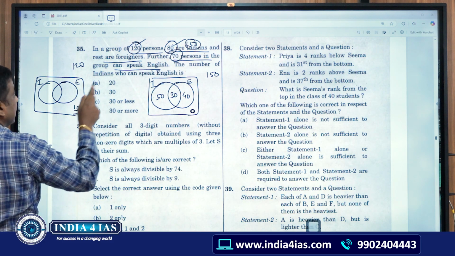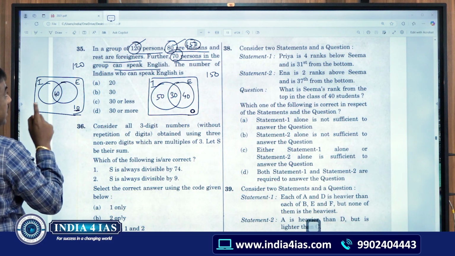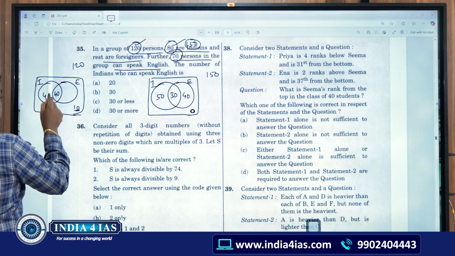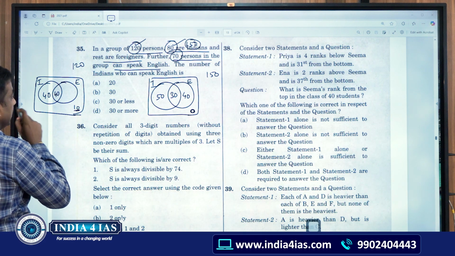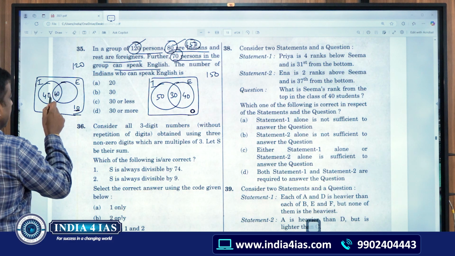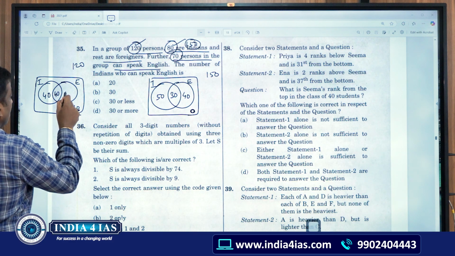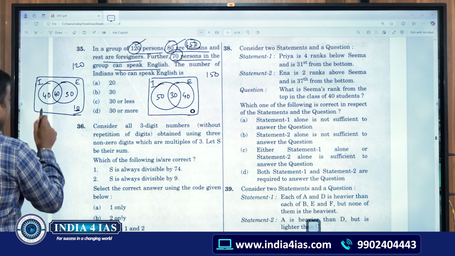I have to make it 110. That means 40 are counted extra. So I have to put 40 here. Then 40 plus 40 is 80, 80 plus 10 is 90, so another 30 will remain. So in this case we are getting 40.